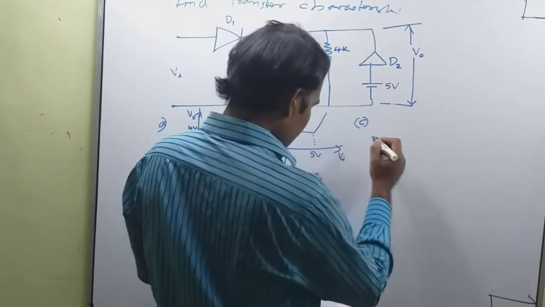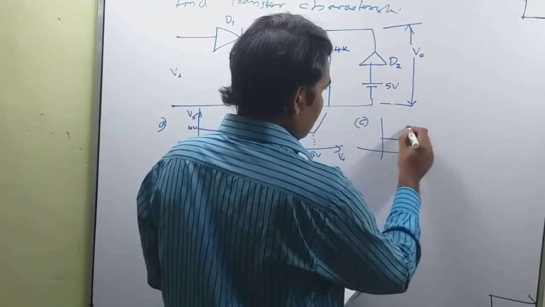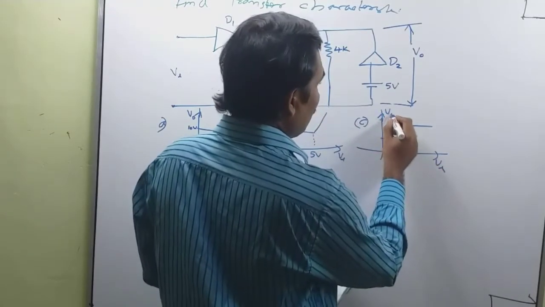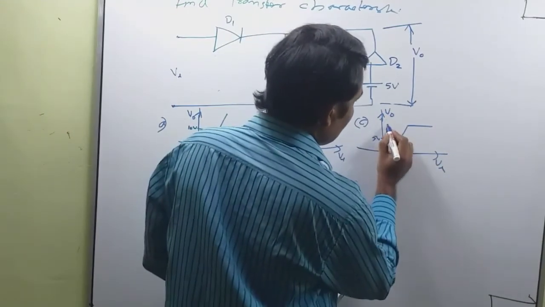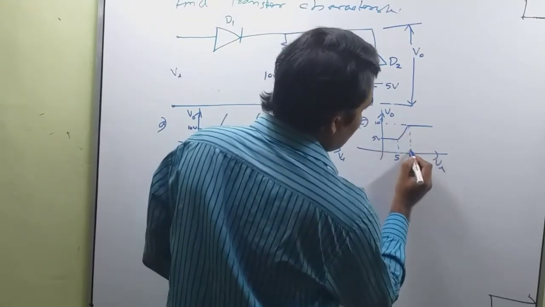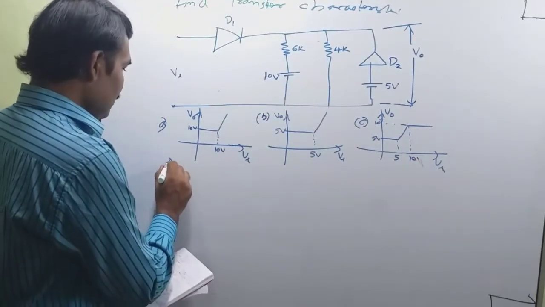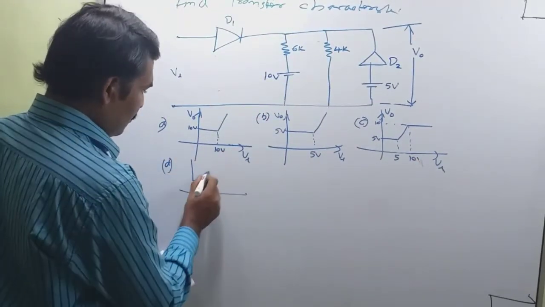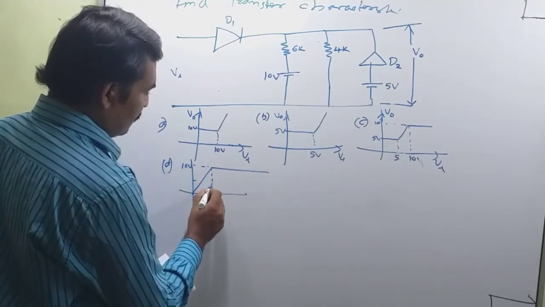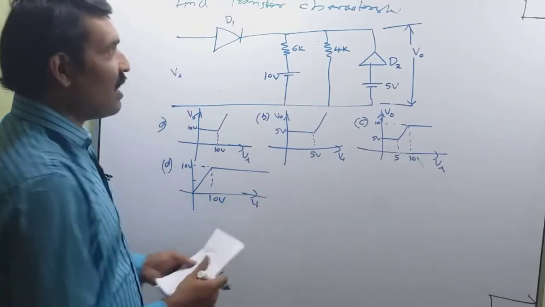And choice C is given. V input, V output. This is 5 volt, 10 volt, 5 volt, 10 volt. And choice D is given. This is 10 volt, 10 volt, input.